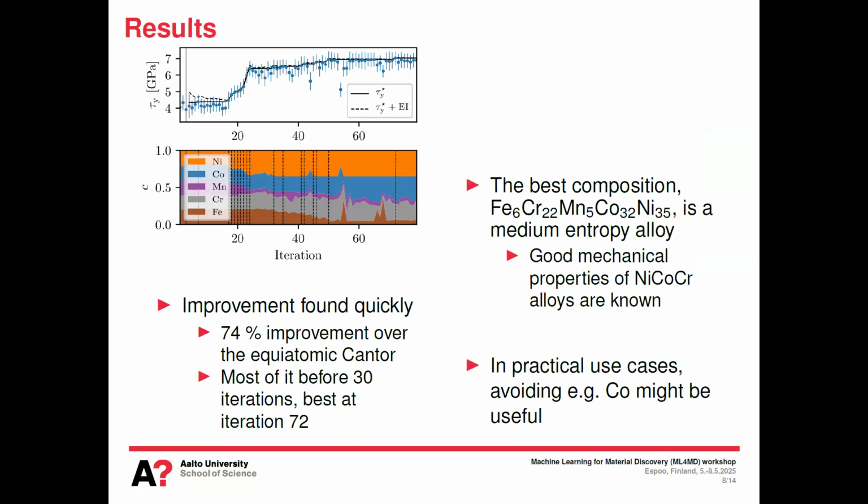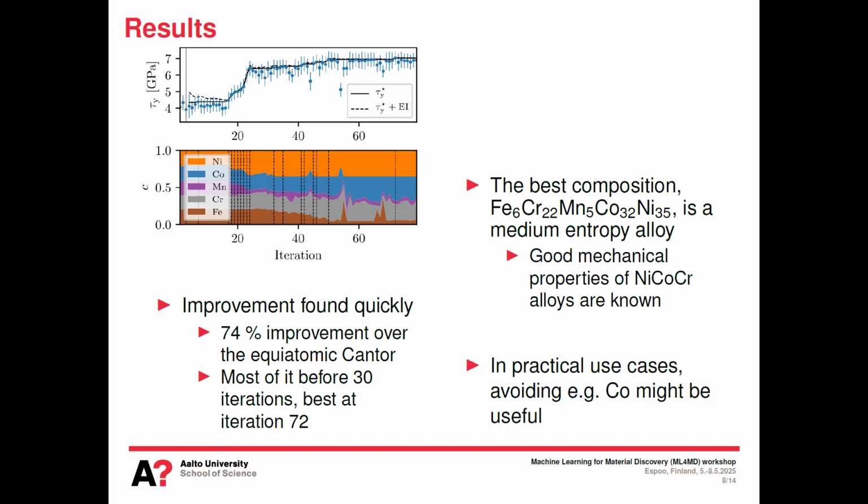So what we get. Here is the yield stress as a function of the iteration number. And here you actually see the best value as the black line, and here is the best value plus the expected improvement that the Gaussian process thinks that you are going to have. So keeping in mind that this is a 5-component alloy, so a 4-dimensional search space.